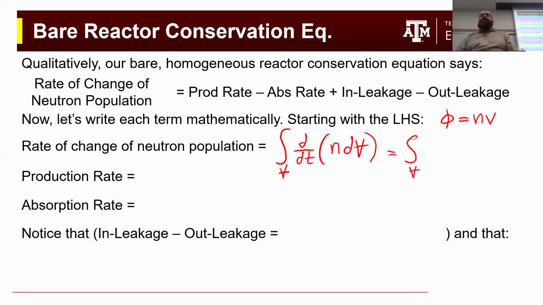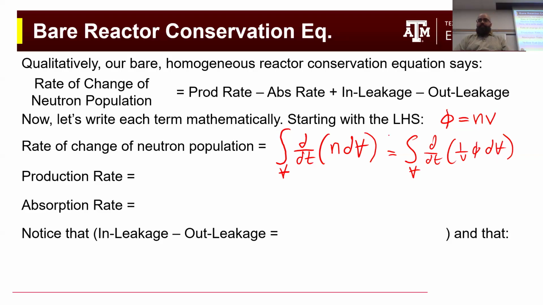Also, the dV doesn't change with time, so the dV can come out of the differential. Here, let me stop skipping steps. So I'm going to have d by dt of n times dV. Just plugging in, sorry, this should be flux.